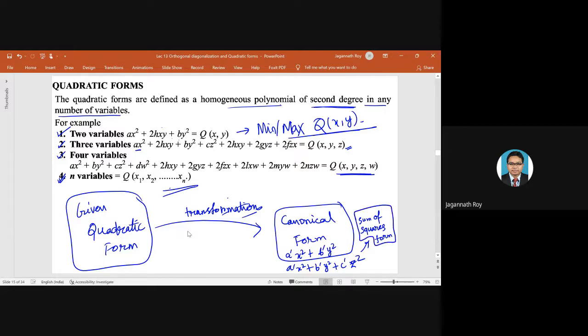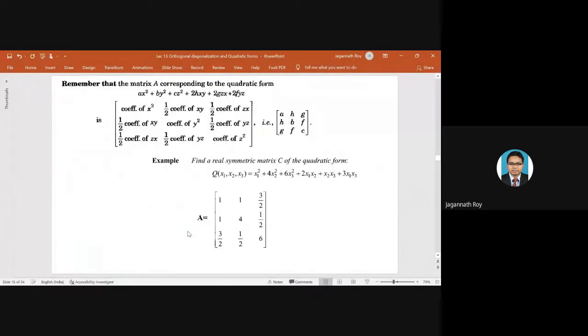It has some other name. It is also known as the sum of squares form, the canonical form. Also known as AKA. Okay.